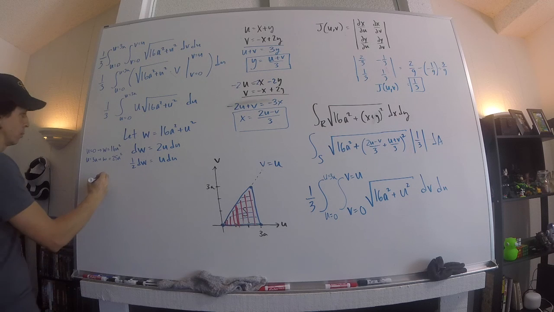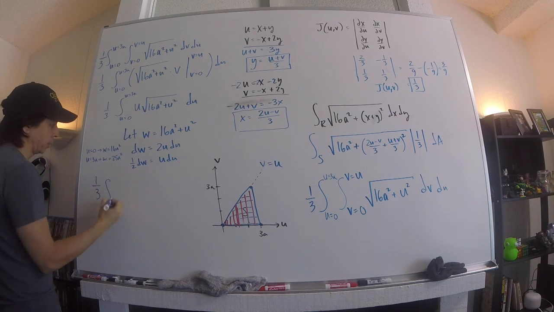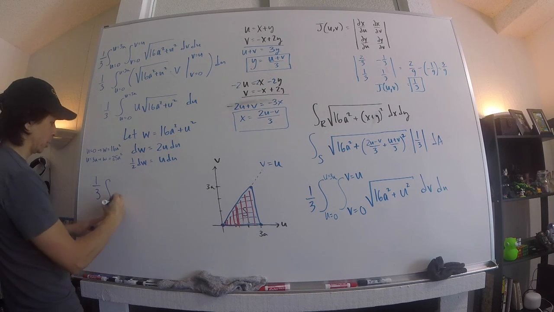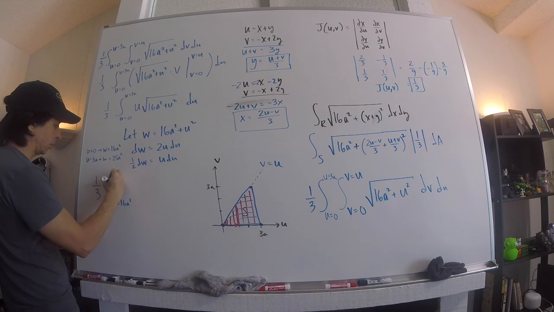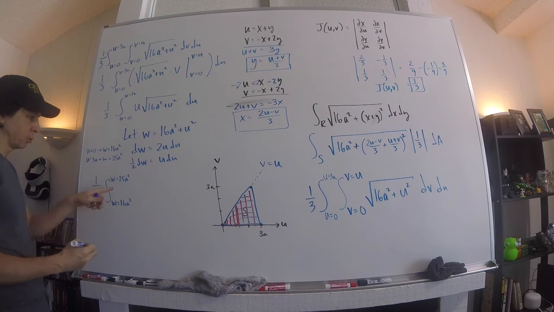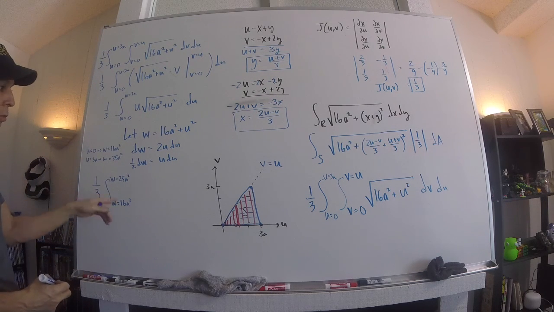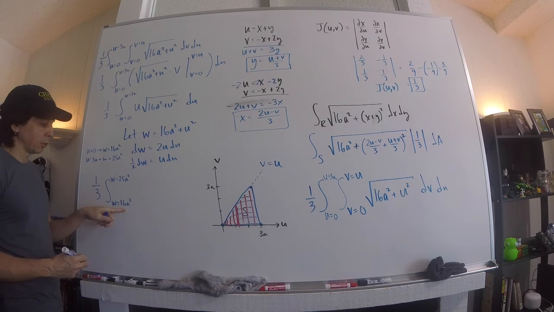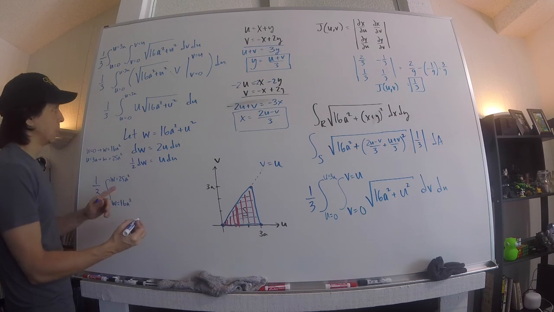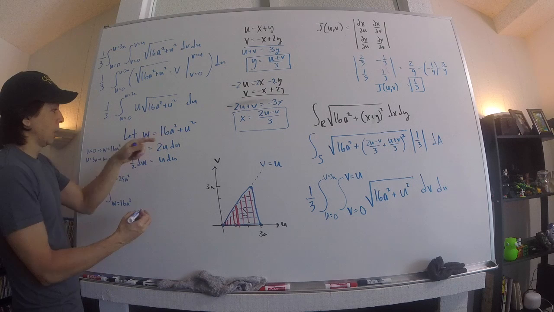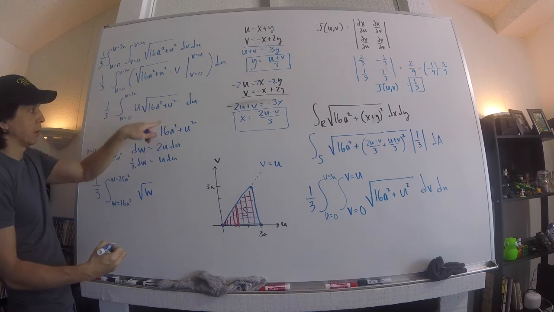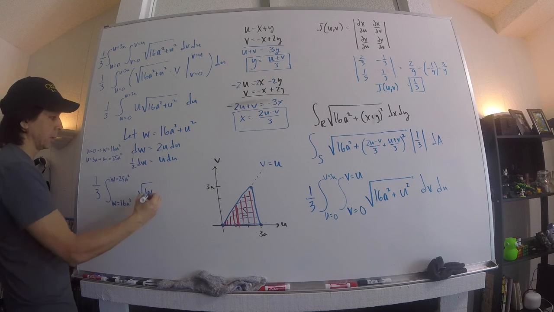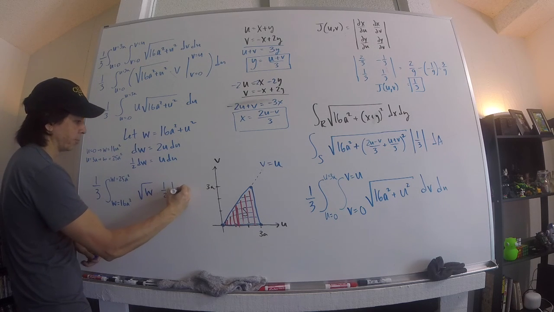Okay, so now don't forget the 1/3. I'm going to be doing w goes from 16a squared to 25a squared. I do like to write those. You've probably noticed that because I do like to keep track of which values are for what variable. Where am I at? I got a radical w, all of that under the radical, and then I got a 1/2 dw.